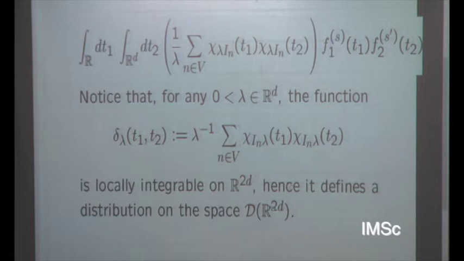So it's not the Schwarz space on the doubled dimension. It's not the delta function on the Schwarz space. It is the delta function promoted to a function of two variables, delta of t1 minus t2.